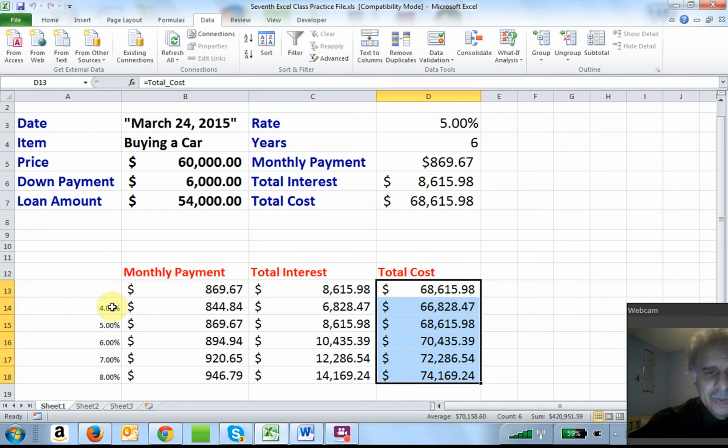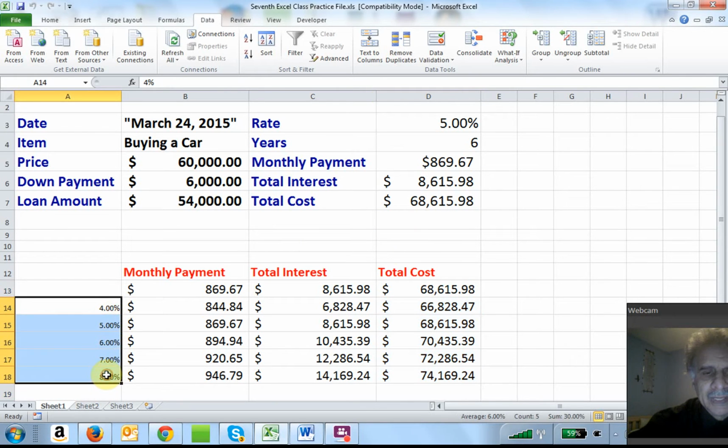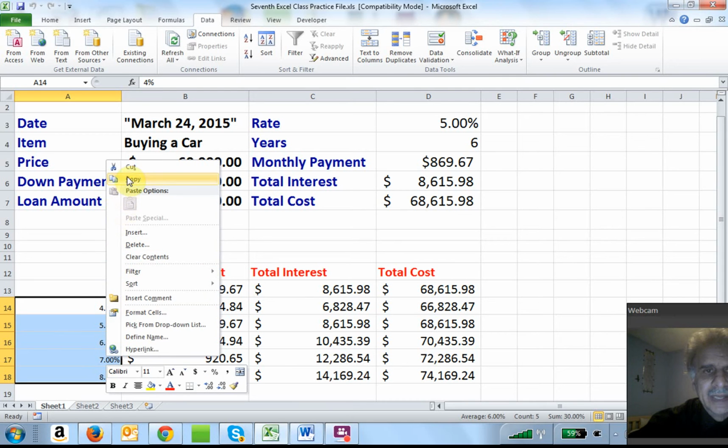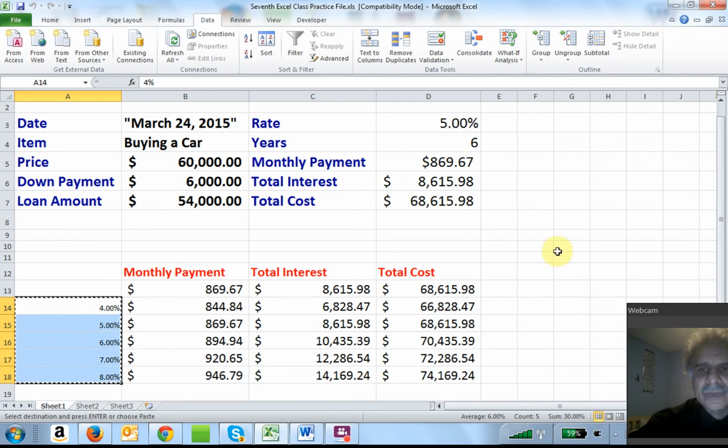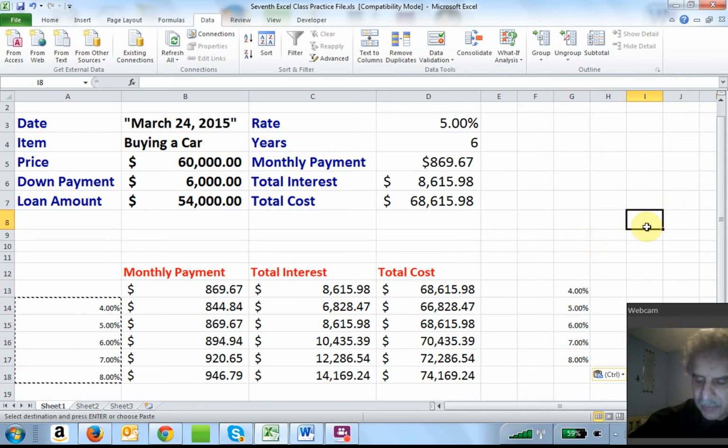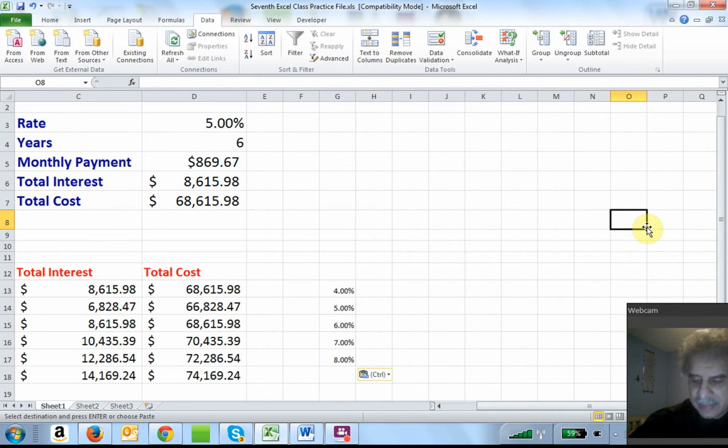I could try to change the interest rate as well as the number of years. So let me come and try it here. And then let me make some more space. Obviously, I'm going to change the number of years.